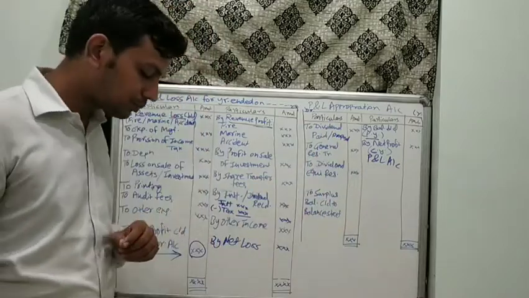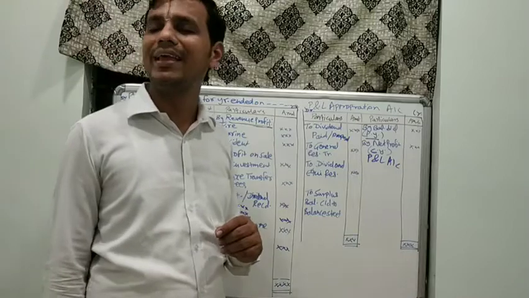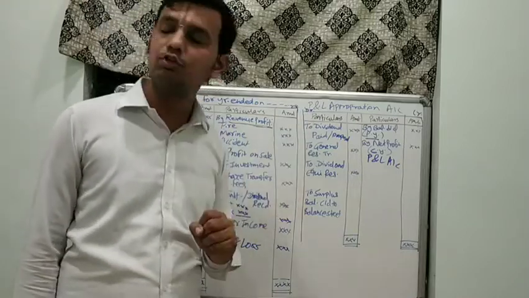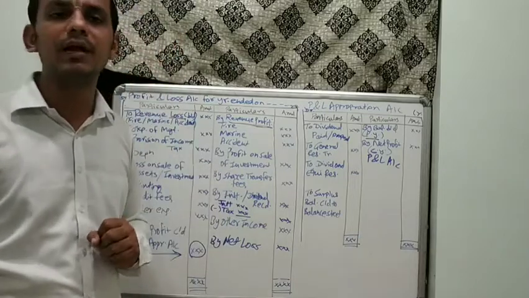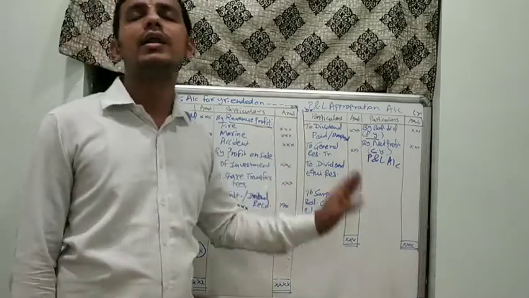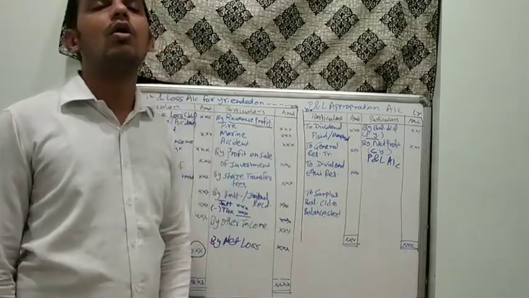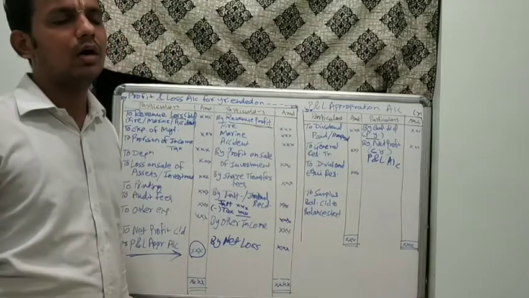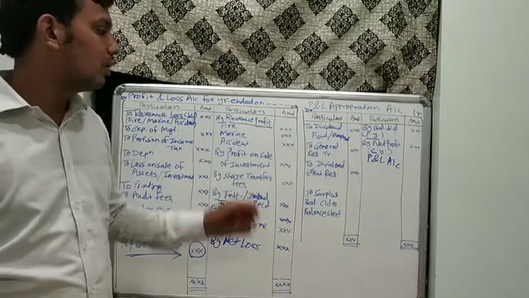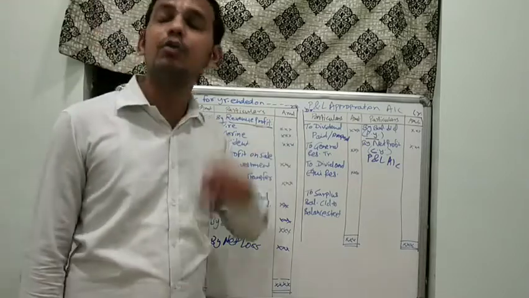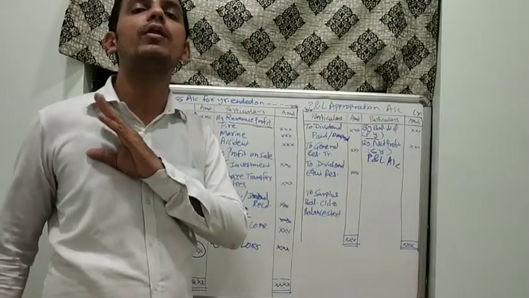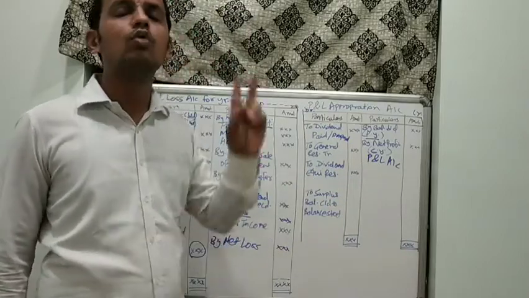But as we did for the banking company, the same applies for the general insurance company: they also have to create an insurance fund, which we named the unrealized profit reserve. That we have taken into the revenue account would not be taken into the appropriation account. उसको appropriation में नहीं लेना है, वो दो ही जगह जाएगा.